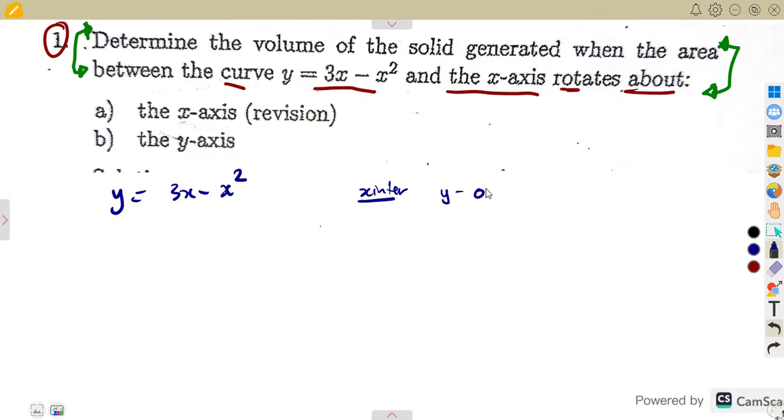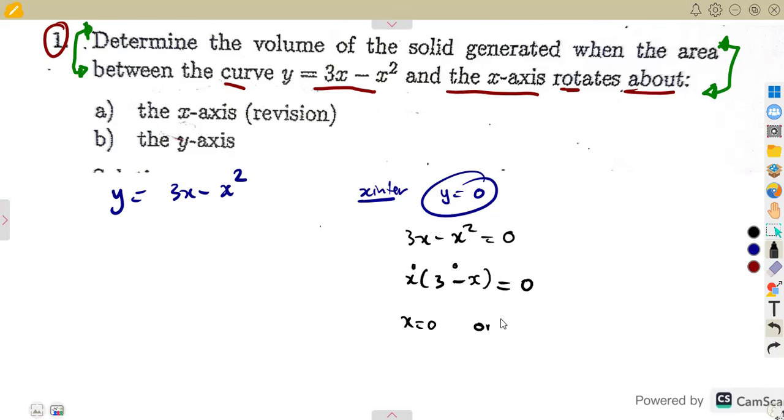Remember, if y is equal to 0, that means 3x minus x squared is equal to 0. Factor out x, the common factor, and we remain with x times (3 minus x) is equal to 0. So one of these must be 0. So x is 0, or this bracket must be equal to 0.